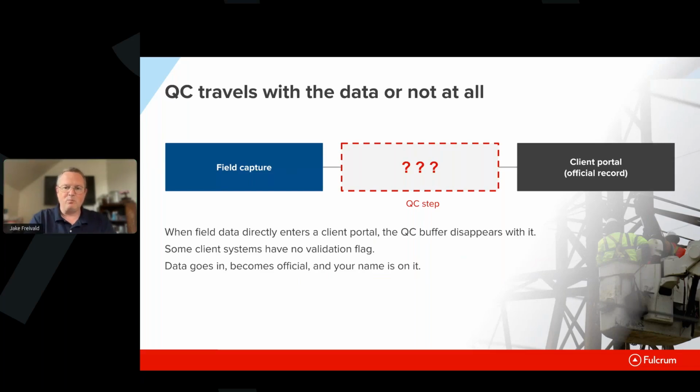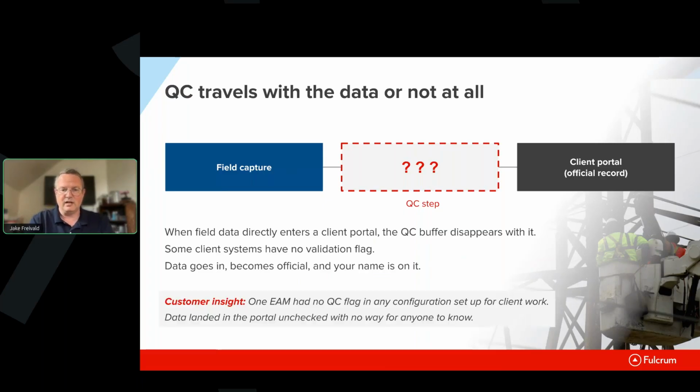And when the client controls the portal, controls the official record, controls the data, that's frequently one of the issues that customers face here. In the specific case that I was talking to the customer about, it was the EAM that had no QC. They were able to do some QC in ArcGIS because they had their own instance of ArcGIS, the geospatial data.